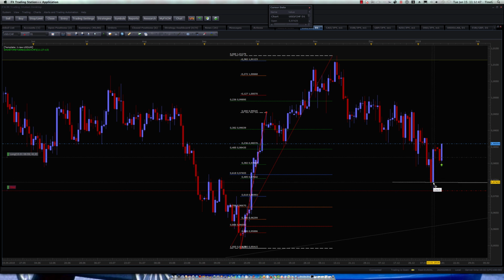So this is a second reason why I was interested in getting into the market, because it was giving me more than two reasons why I can go into a buy. And so I went into the buy, and now we are 40 pips up.